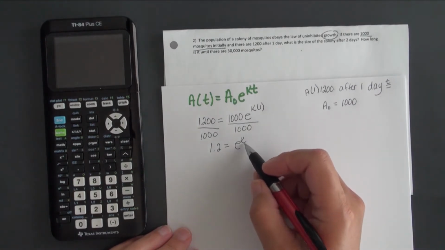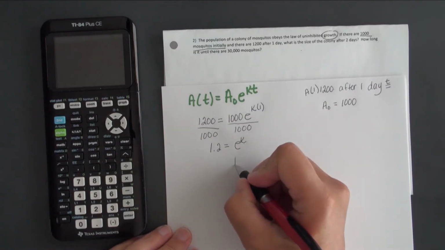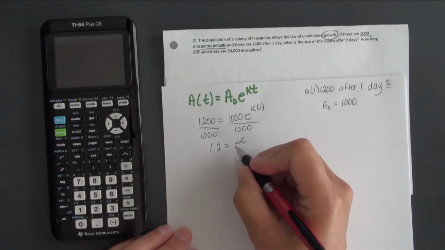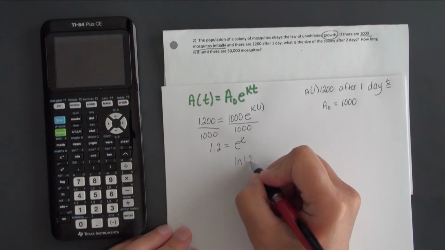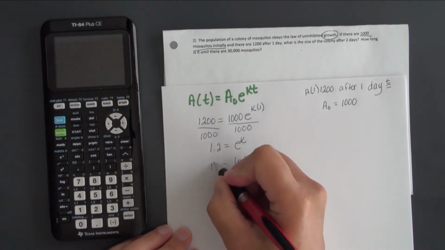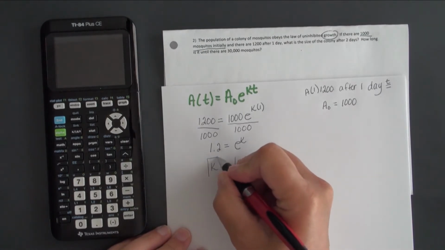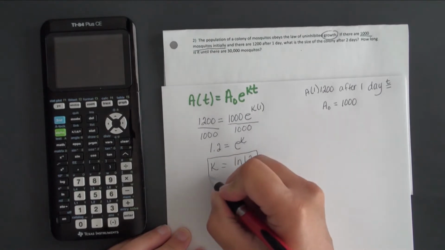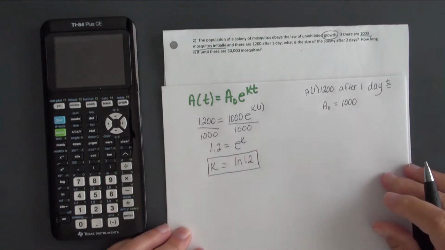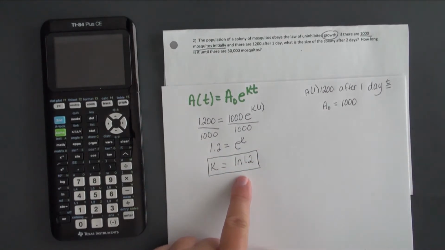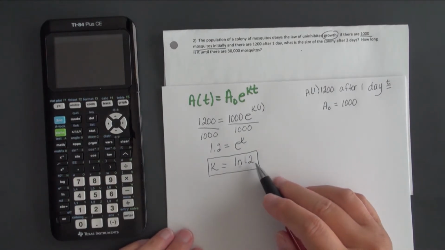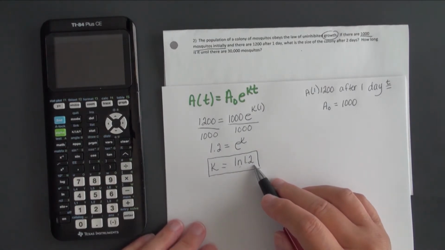Now to solve for the variable, I rewrite this as a logarithm, and we say natural log, because log base e of 1.2 equals K. Now, because this is going to be used in future parts of the problem, I don't want to use the calculator and get a decimal, because if I round it, I may be missing something in my final answer. So we're just going to leave K as natural log of 1.2.